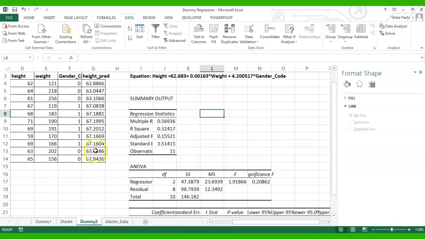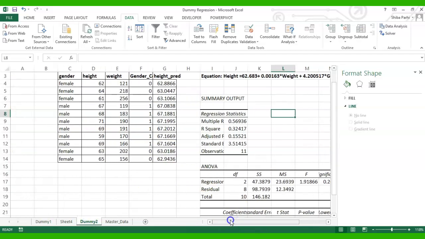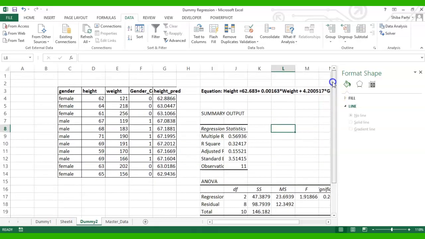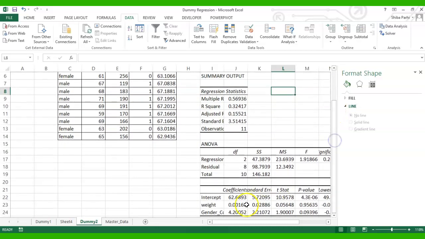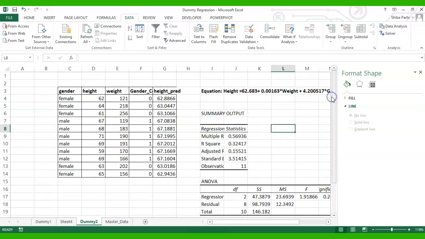Then we did the dummy regression taking height as the dependent variable, and weight and gender as independent variables. By doing the regression equation, I am trying to predict the height. So this is the way, by taking multiple independent variables, when there is a combination of continuous and categorical data, you can predict your data.